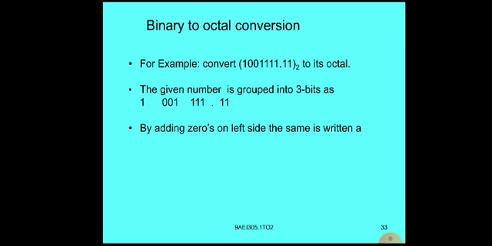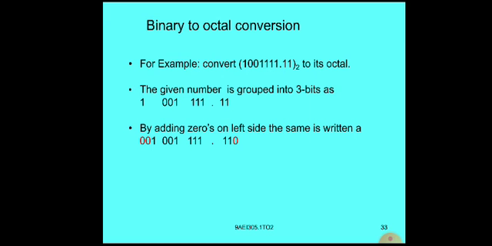We have made 3 groups left of the binary point and 1 group on the right of the binary point, but a group of 3 bits is a must, hence we want to add zeros to the deficit groups like this.